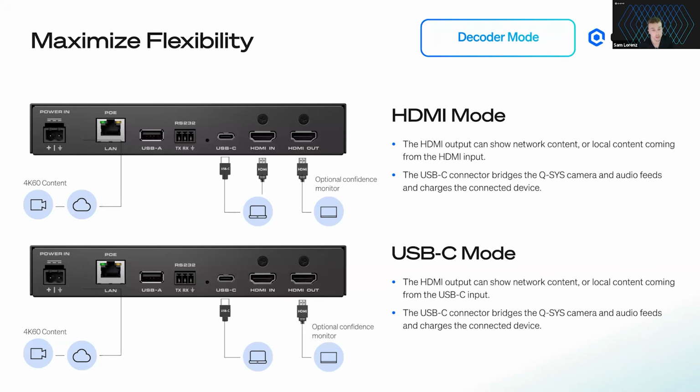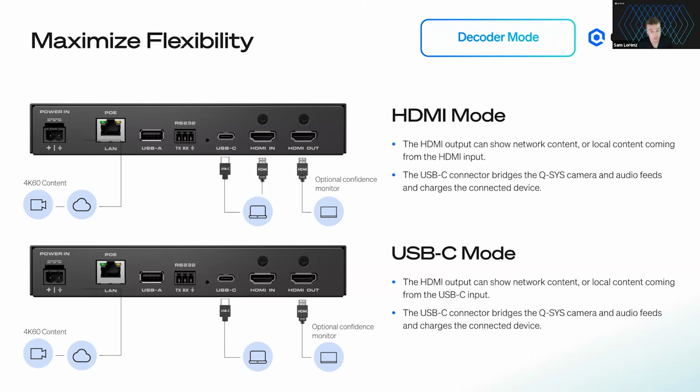In decoder mode, you obviously have the HDMI out to take that decoded video signal out to your display. And then you also still have the local switching there. So you're able to plug in a local device, whether that's through the HDMI in or the USB-C, and send that to the display as well.